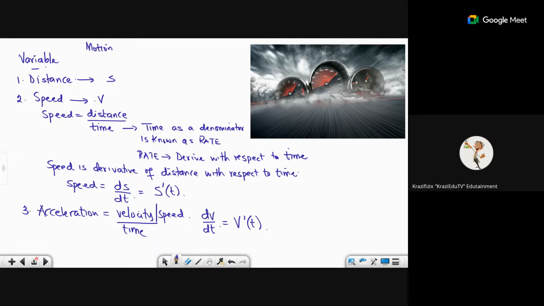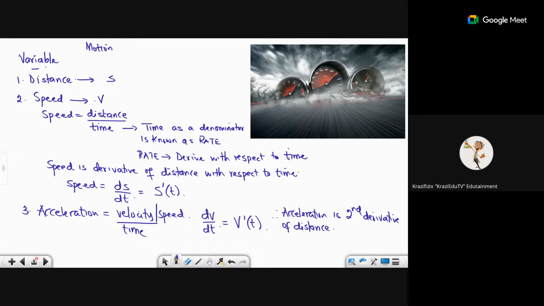We start from distance, which is s. When you derive that, you get speed or velocity. When you derive that again, you get acceleration, which therefore means acceleration is the second derivative of distance.